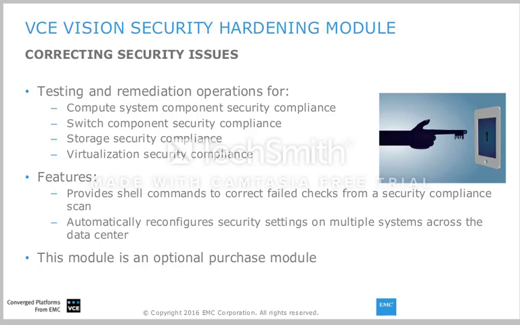VCE recognized the benefit of automating a number of security hardening remediation operations that commonly occur after a failed compliance scan. The security hardening module is a predefined shell extension pack available optionally, and it automates the reconfiguration process for security settings across multiple systems in the data center.